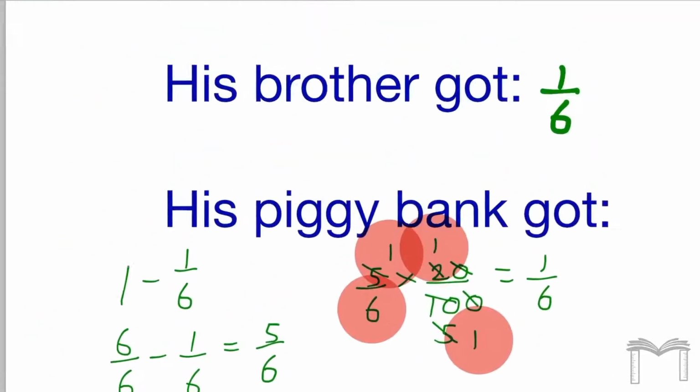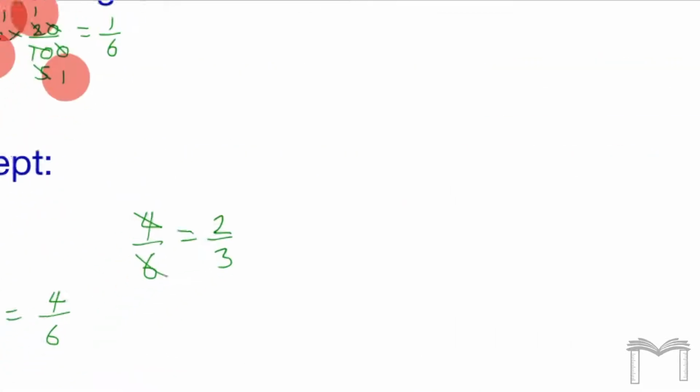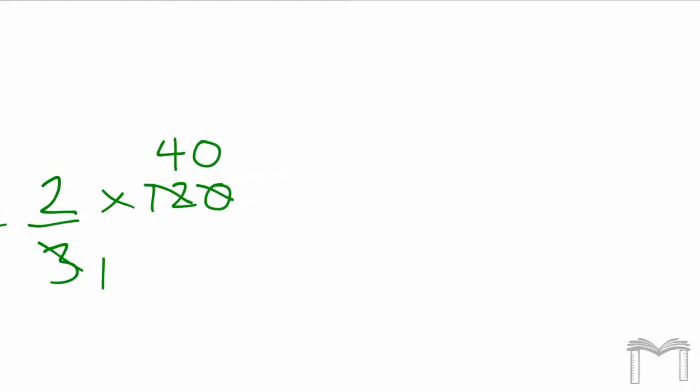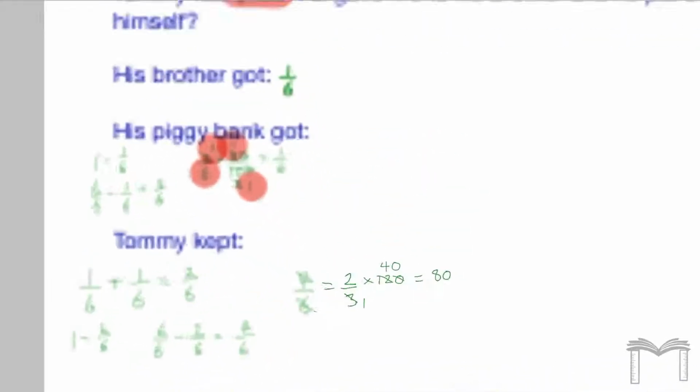And the total amount that Tommy has is 120. So we're going to find 2/3 of 120. So 3 into 3 is 1. 3 into 12 is 4. Put back the 0. 2 times 40 is equal to 80. That's $80.